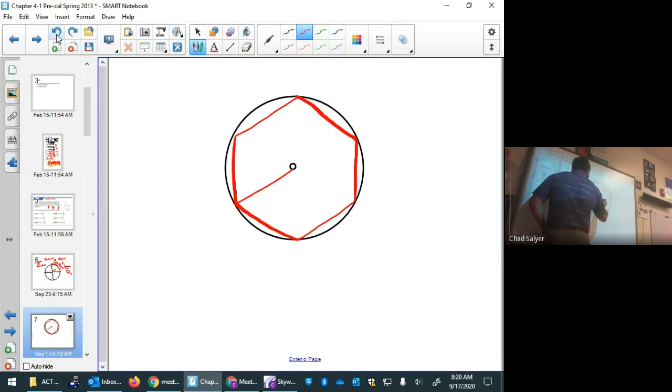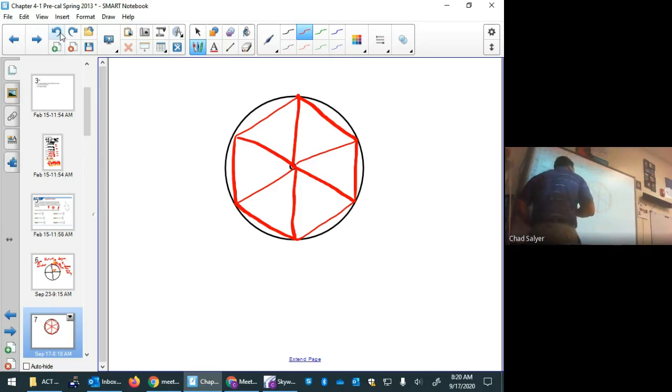Now think about this. If I break this up into triangles, how many triangles do I have, Ian? Good. And so let's say I'm going to assign some arbitrary number to the degrees of rotation for each of these triangles.